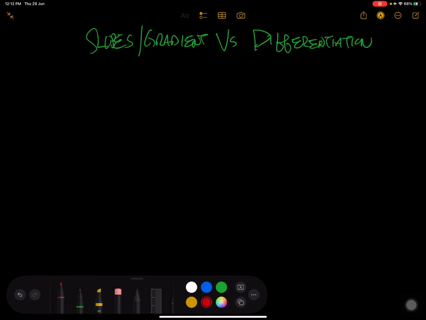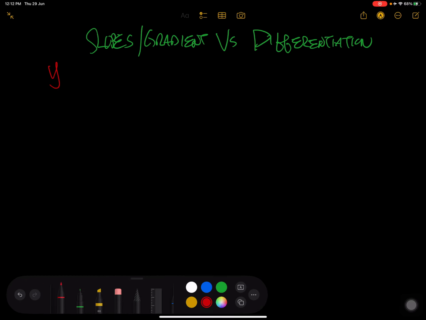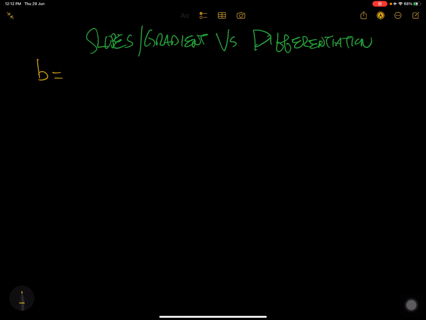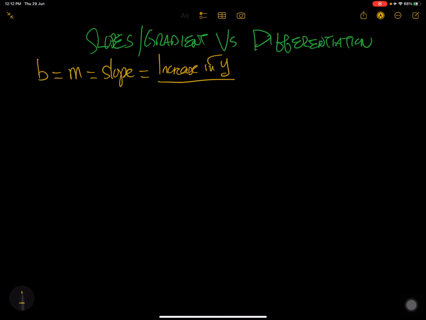The formula we generated for b, which we said is the same as the m, which we called a slope. We said the formula is what? Remember, increase in y divided by an increase in x.